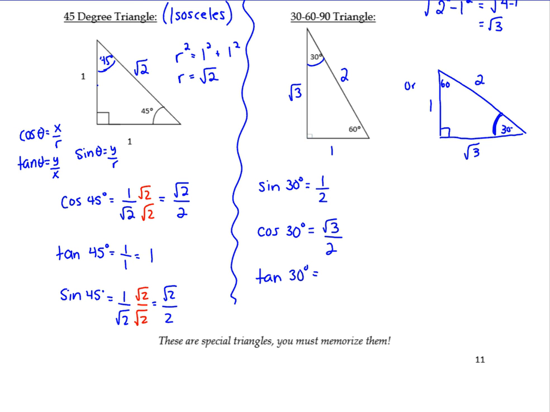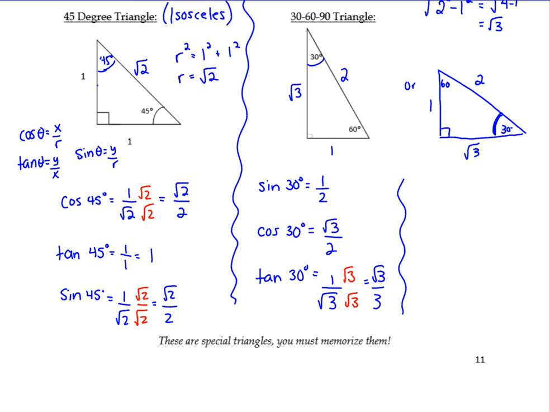Sure is. And tan is opposite over adjacent. So what's opposite of 30? 1 divided by adjacent is root 3. Is there anything wrong with that? Root 3 is on the bottom, so multiply top and bottom by root 3. Okay, so that equals root 3 over 3.